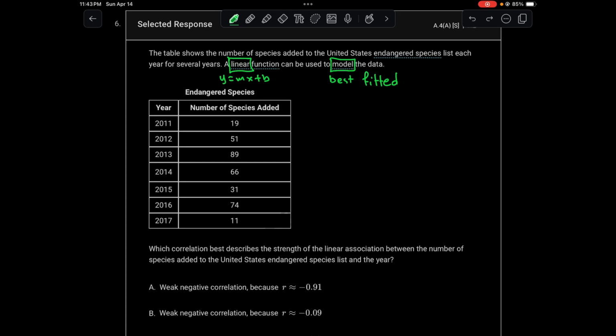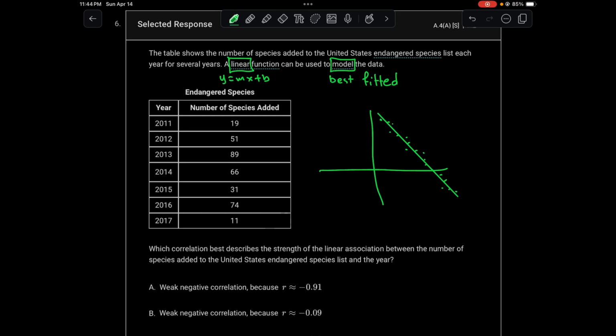If I look at the graph and I can find 2 good points, that's all I need. But if it's a best fitted line, that means that there may be many points that go like that, and I have to approximate what the best fitted line is that goes as close as possible to each one of those points. So it's going to be somewhere in between.